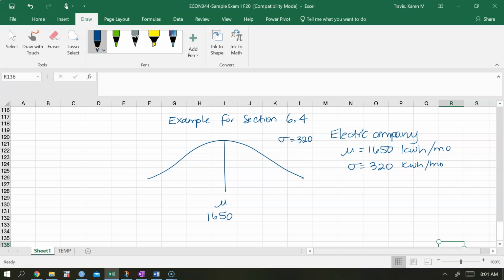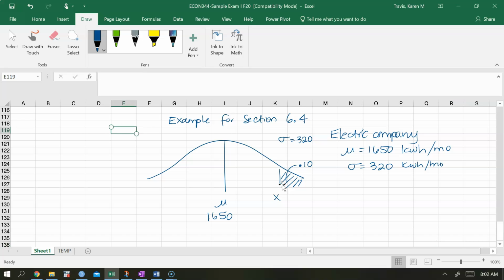So if they want to send these notices to everybody that's in the top 10% of the 100% of electric company customers, here is the top 10% that use the most power, and this is the amount of power they're using, but we don't know x. We just know that they're in the top 10%.